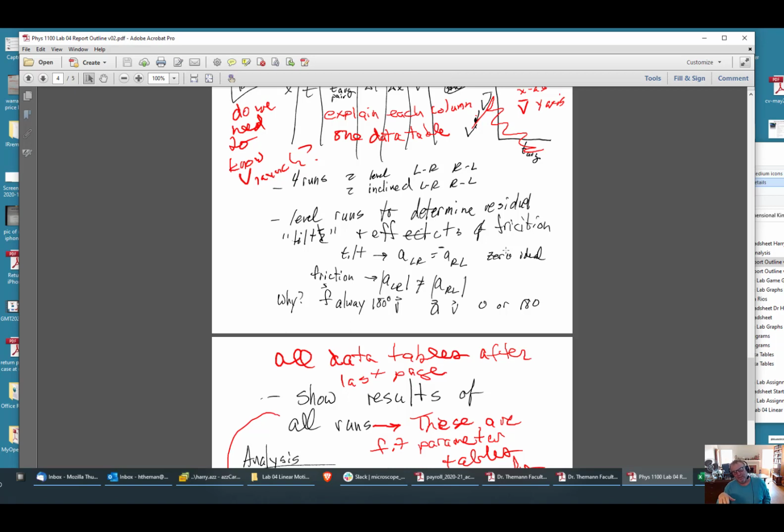So again, let's say it again. If the object is being accelerated, the friction is going to work against that. So when the object's speeding up, the friction will keep it from speeding up quite so much. Whereas if the object is being slowed down, the friction is also trying to slow it down.